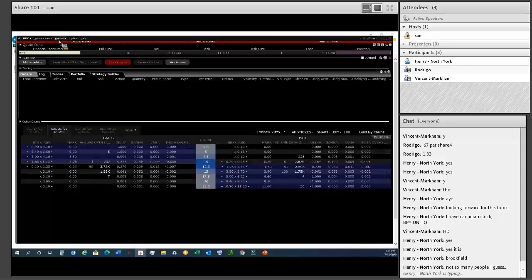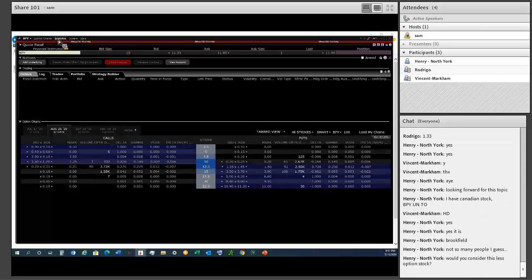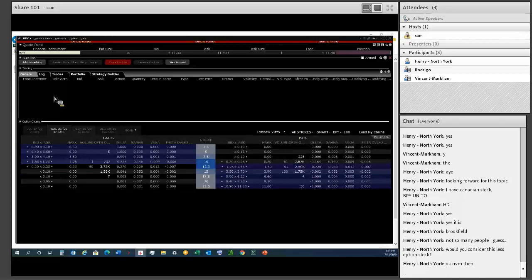Do you want me to keep going? Would you consider this a less optioned stock? Yeah, there's no weeklies. It's not like you can't do it, but there's no weeklies. I would want more activity, more liquid.